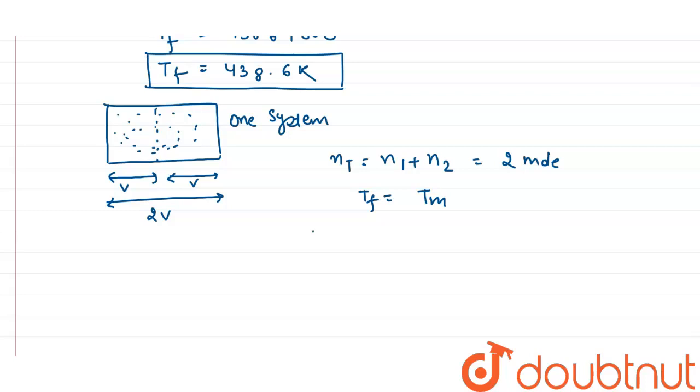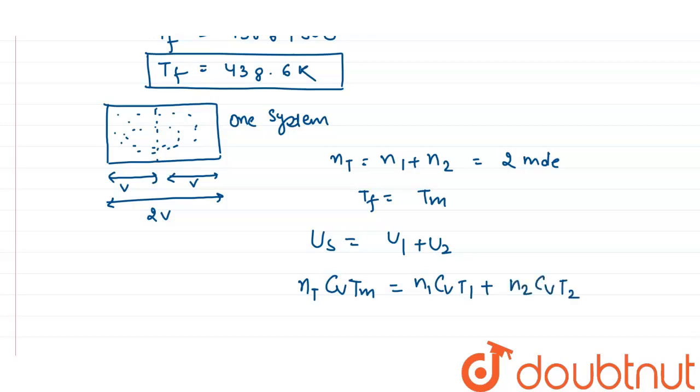For the whole system, the internal energy is given by U1 plus U2. Internal energy is nCvT, so for the system it is N total Cv Tm, equal to N1 Cv T1 for the first vessel plus N2 Cv T2 for the second vessel.